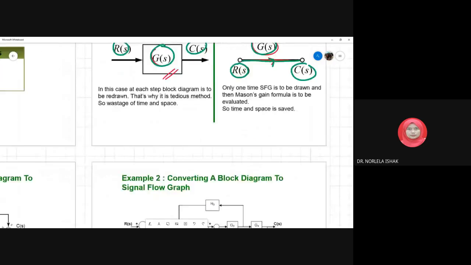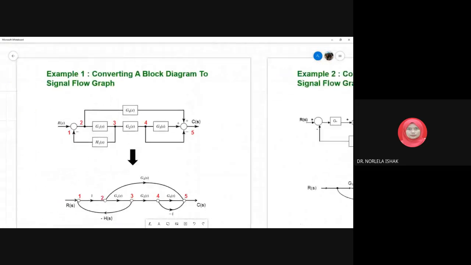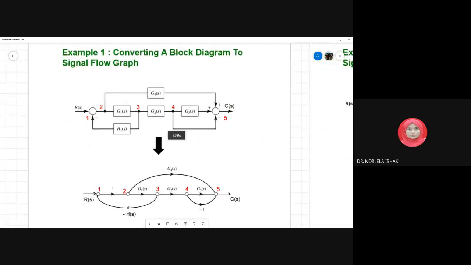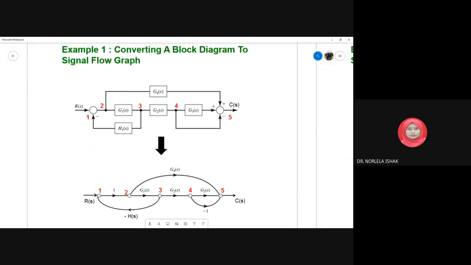Let's say, first example, converting a block diagram to signal flow graph. What does the red font 1, 2, 3, 4, 5 mean from the block diagram? We want to convert a block diagram into a signal flow graph.